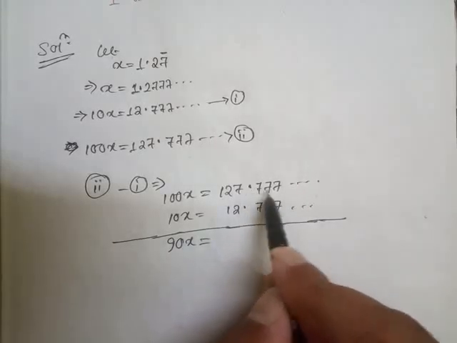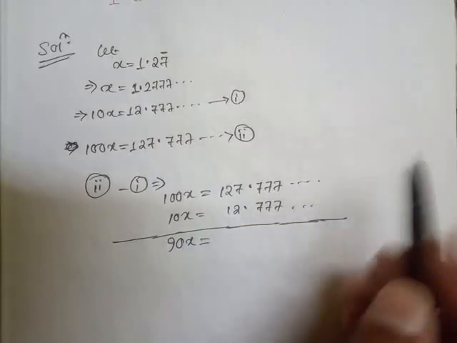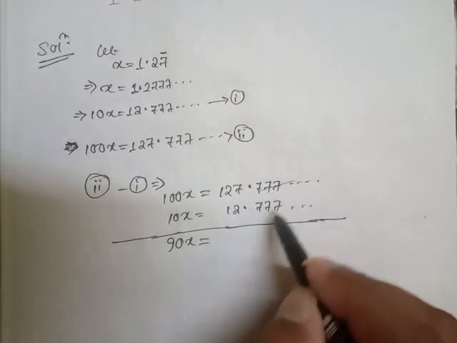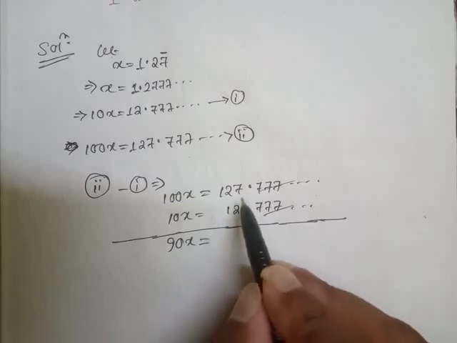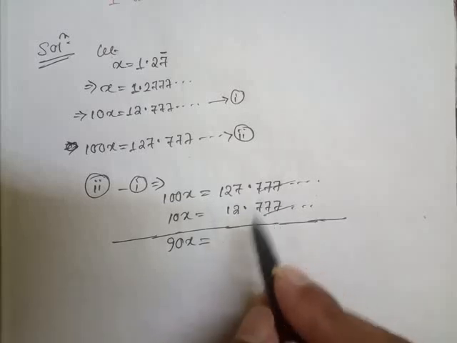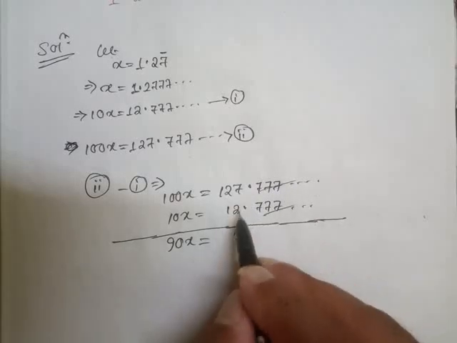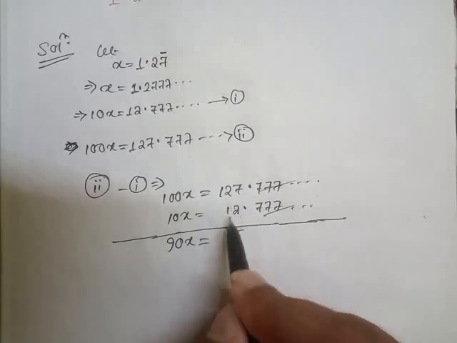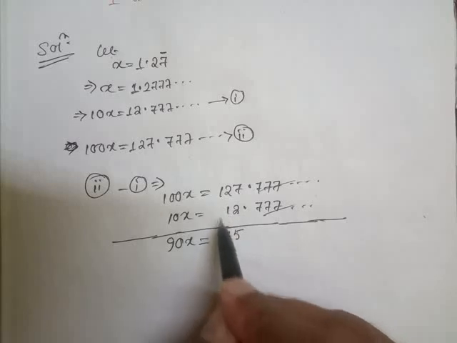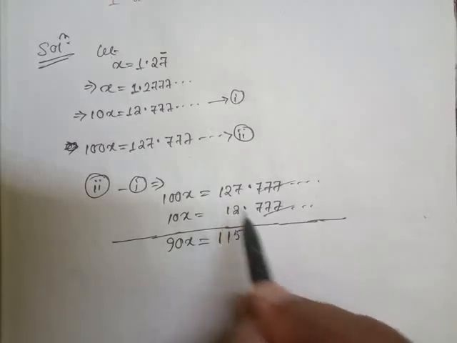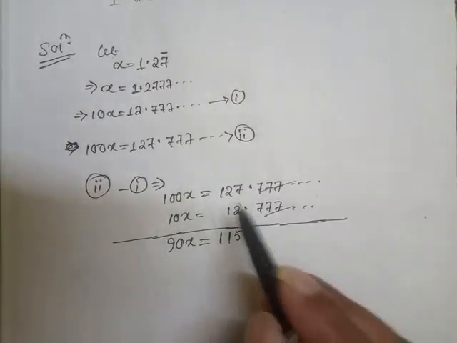After the decimal point, all digits are removed because all are similar, 7 and 7 are removed. Now the remaining part: 7 minus 2 is 5, and 2 minus 1 is 1, and this one will be here. I repeat again: 7 minus 2 is 5, 2 minus 1 is 1, and 1 will be here.